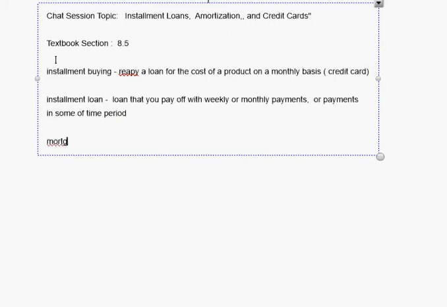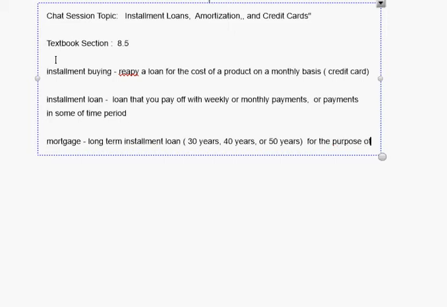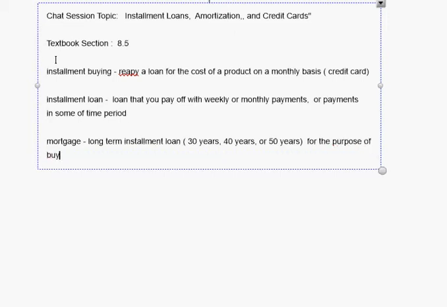Mortgage, a long-term installment loan, 30 years, 40 years, or 50 years, for the purpose of buying a home.